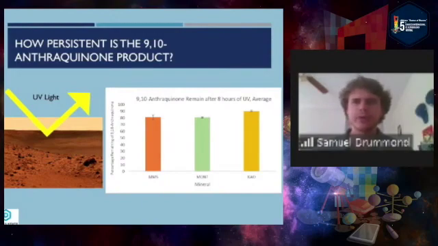which led us to believe that perhaps there was some small amount of minerals on top blocking almost all of the UV radiation that was coming in.